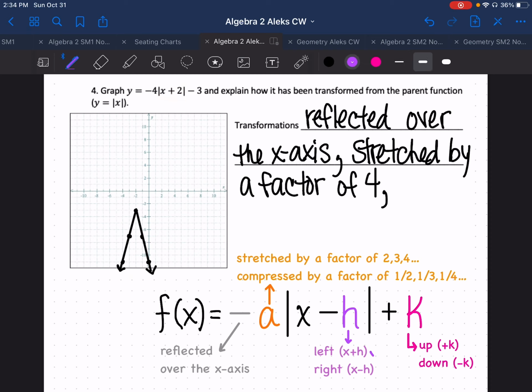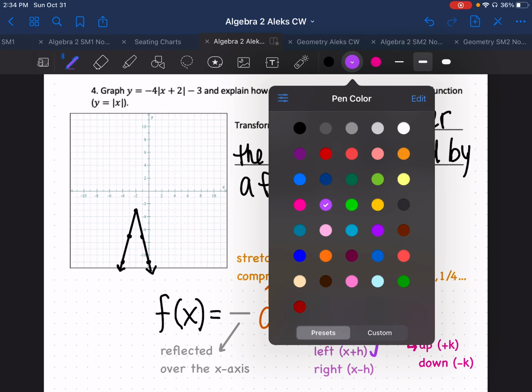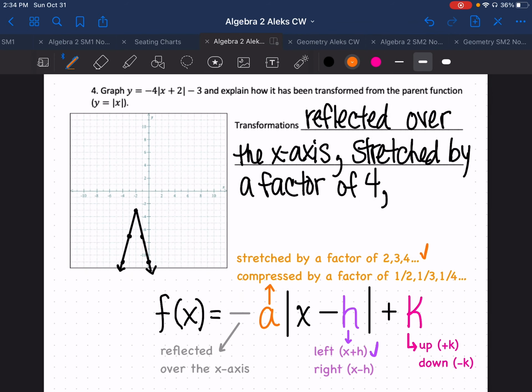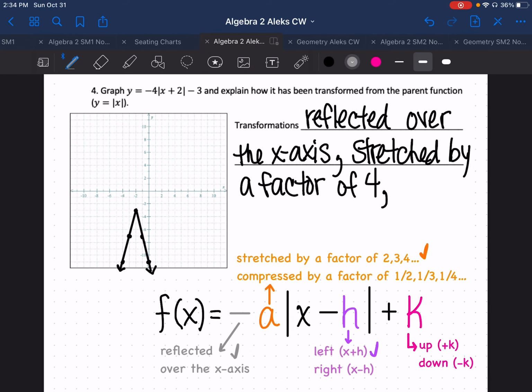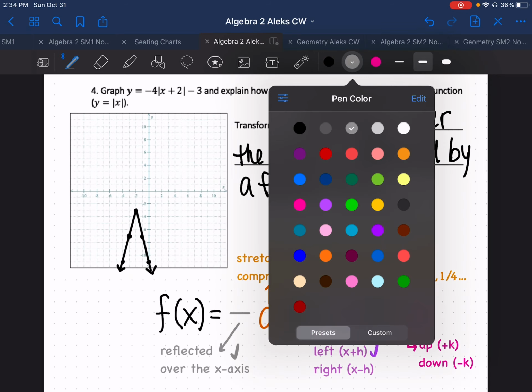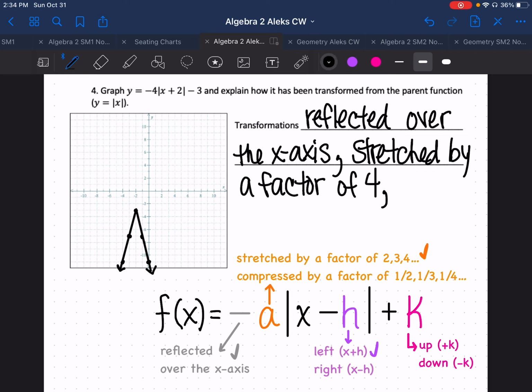Let me show you, I picked this one, because I had it. If you don't have it, then don't use it. Just don't use it. All right, so then I'm going to say moves left, or well, I could say 2 units.